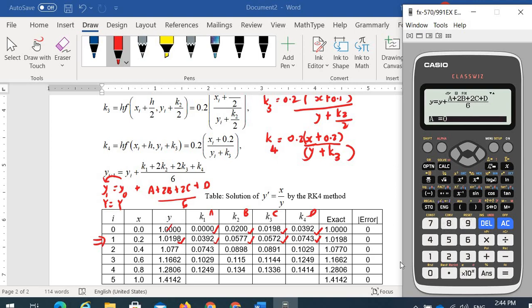A is K1 at row number 1, 0.0392. B, 0.0577. C, 0.0572. D, 0.0743. So you get Y is 1.0770.